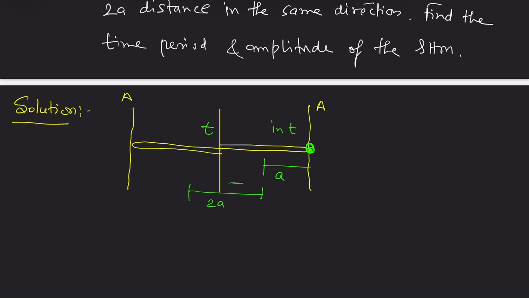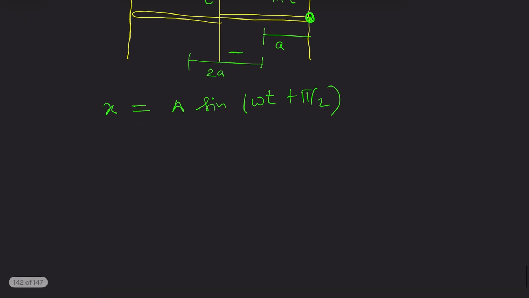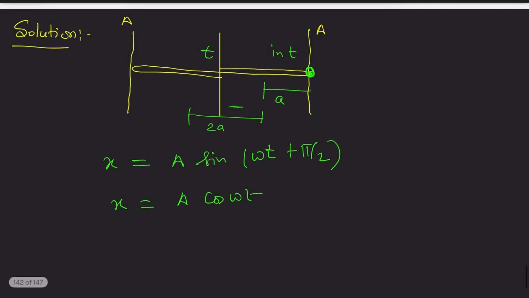Because the particle is starting from the positive extreme, I know the standard solution equation. The mean position is 0 only, so I can write x = a sin(ωt + π/2), or I can write x = a cos ωt. Now, when the particle travels for a time t, its position from the mean position is a minus a.